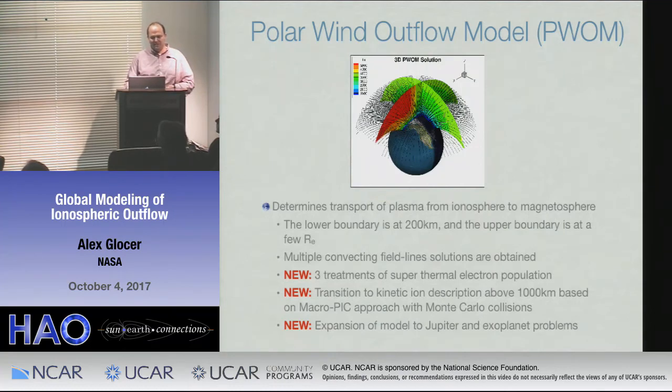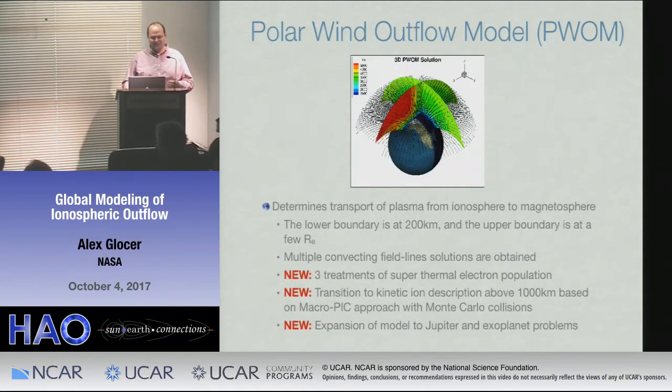You imagine that the lower boundary of your flux tube is below the F2 peak, and the upper boundary is in the magnetosphere, and you solve for the transport along there. By using multiple convecting field lines, you're able to reconstruct the whole 3D solution. This is an example of that shown in this figure, which unfortunately doesn't project very clearly, but you get the idea.